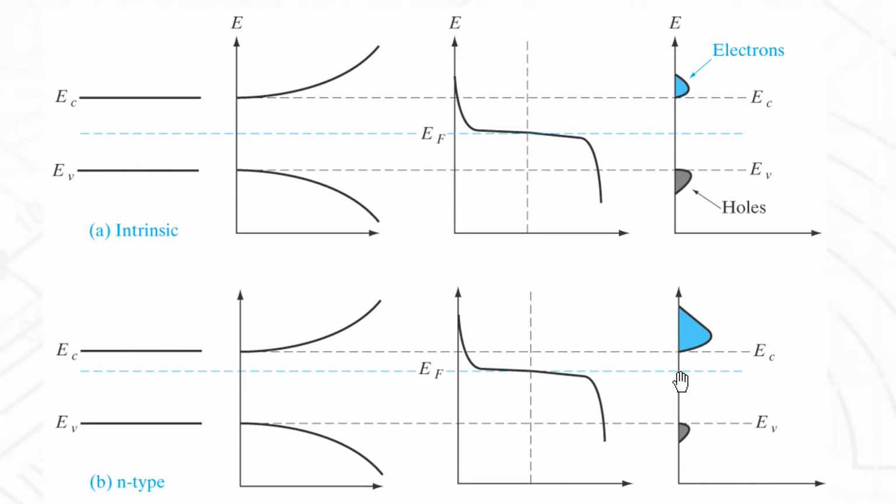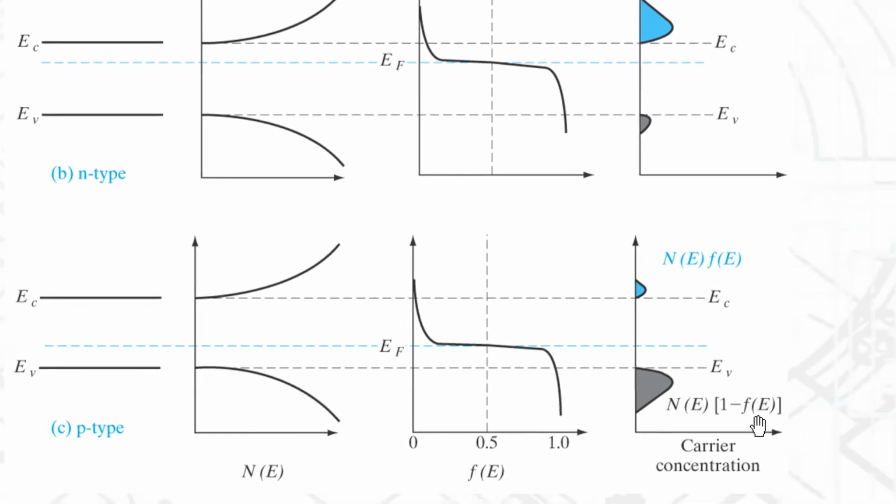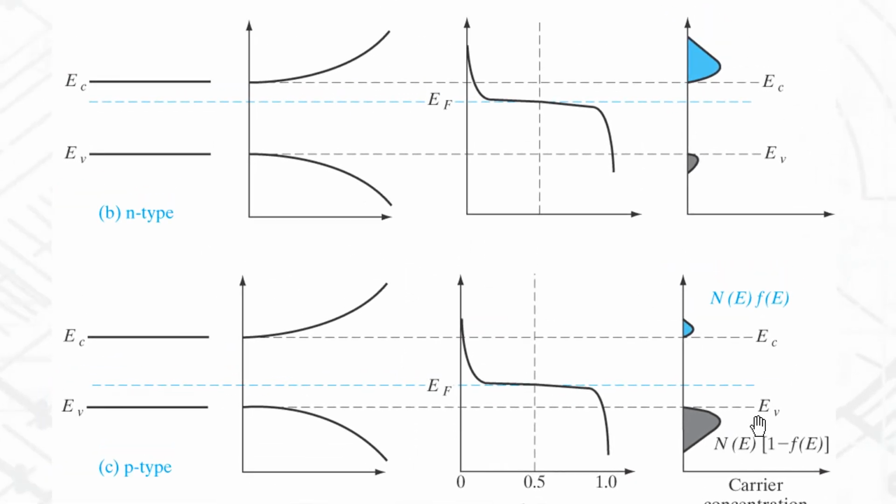Because you've shifted the Fermi function up, you now have a larger region of energies where there can be an electron, so you have a larger electron concentration and a smaller hole concentration. And vice versa for the p-type. In the p-type, the Fermi level has shifted downwards, so you have a lot of holes and fewer electrons.